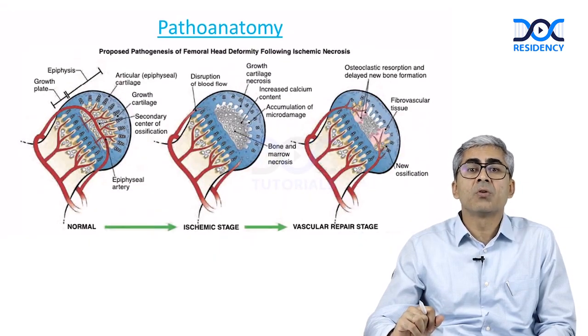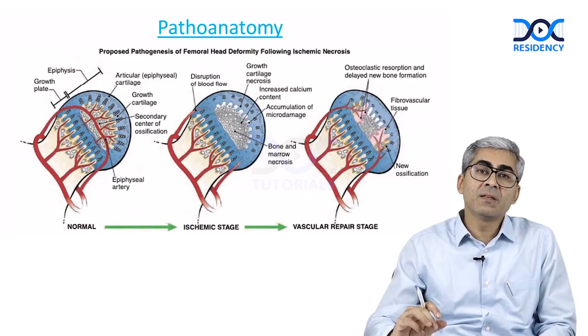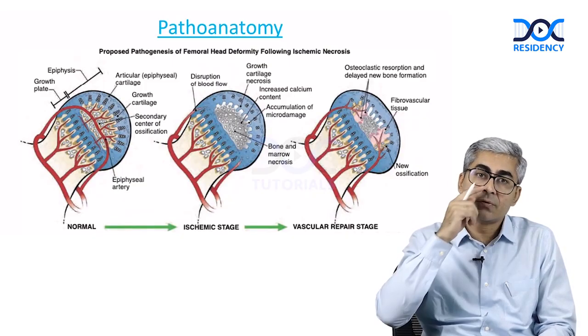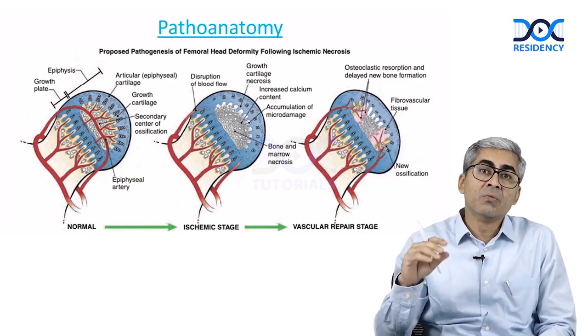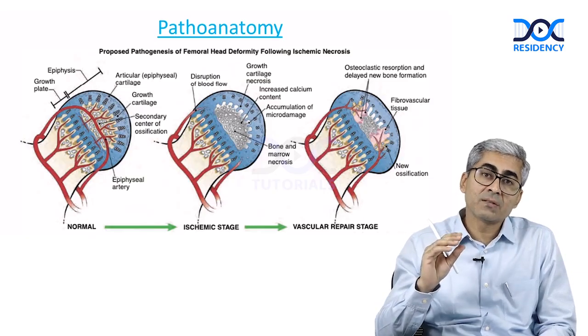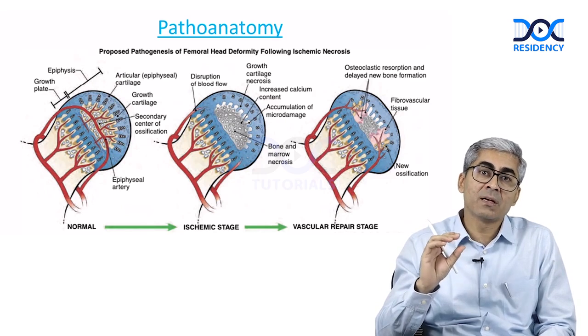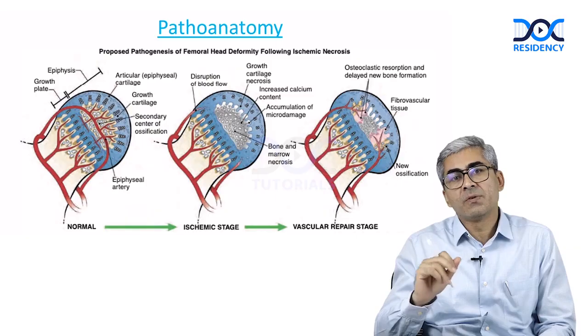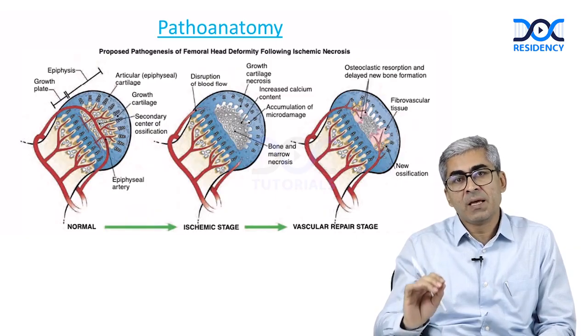So this is the pathoanatomy. What we see is, it's important to know that the femoral head is affected. When we see the femoral head ossific nucleus, it is in the center. It's smaller than what we see in X-rays, and there is a lot of cartilage in the femoral head, which is unseen in plain X-rays.